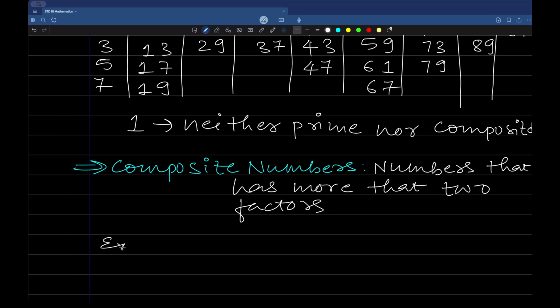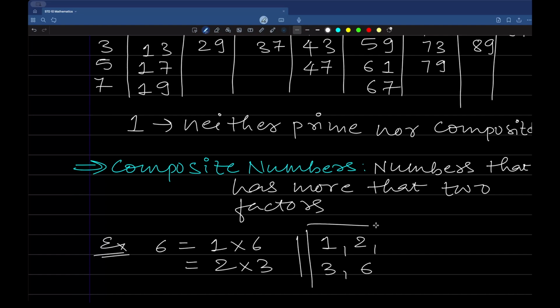For example, 6 is equal to 1 into 6 and 2 into 3, and the factors are 1, 2, 3 and 6.